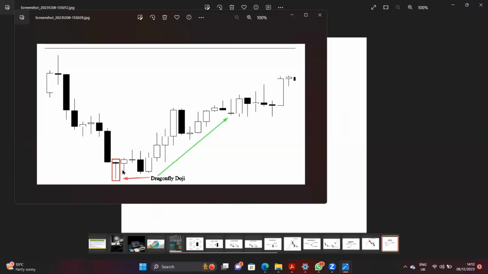But as I always say, you can't trade a candlestick pattern alone. It's very important to note that. You will need other indicators and tools to determine high probability signals in the market. So this is for the dragonfly.